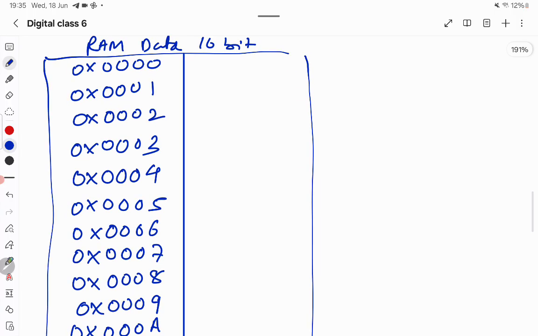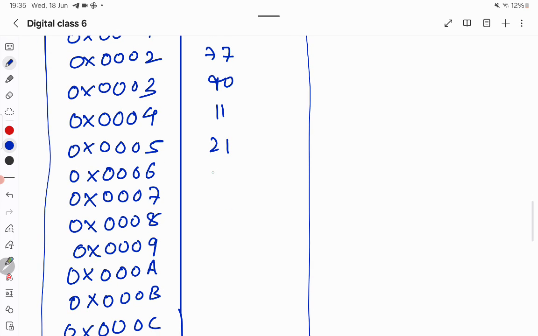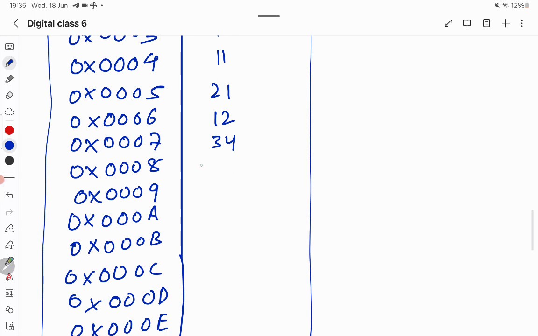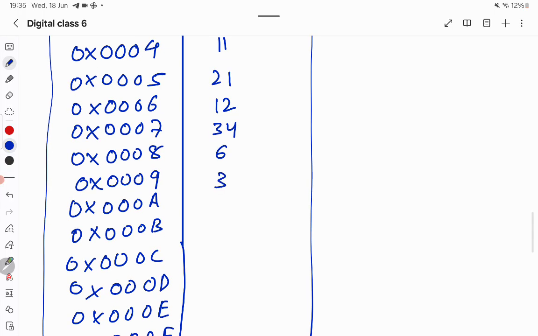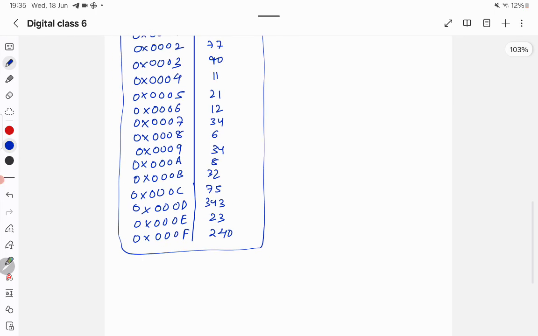This values 610, next 33, 77, 90, 11, 21, 12, then 34, 6, then again 34, then 8, 32, then 75, 343, 23, 240. Okay, done.